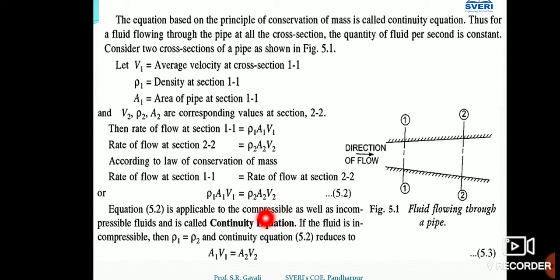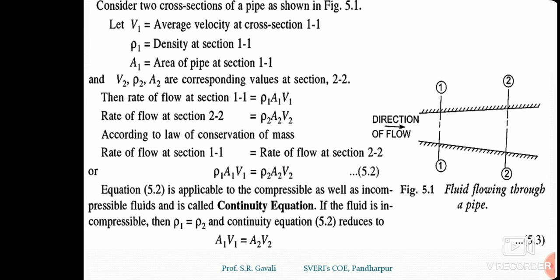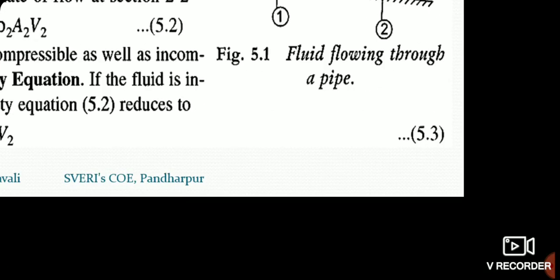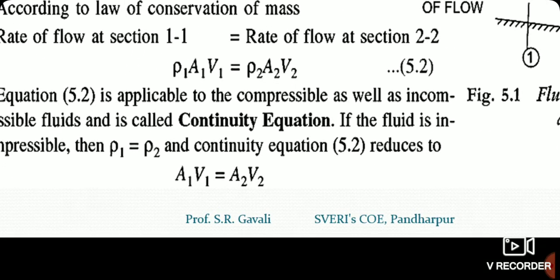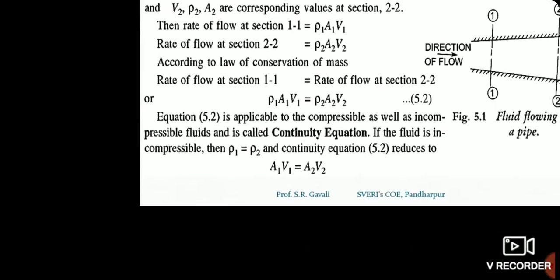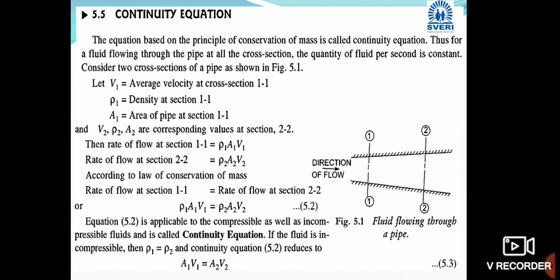But by definition, for incompressible fluids the density remains constant, that is rho 1 is equal to rho 2, and therefore the continuity equation for incompressible fluid is A1 V1 is equal to A2 V2.